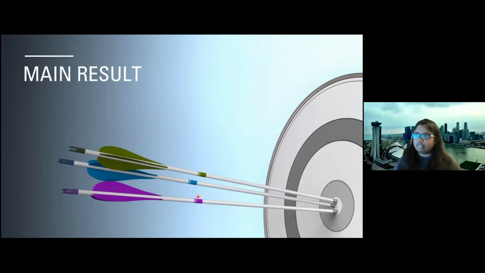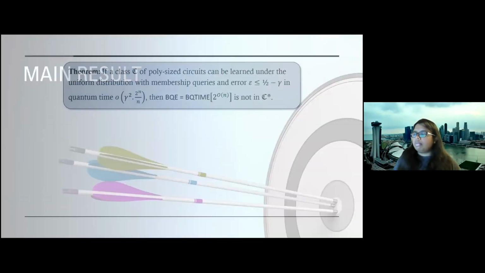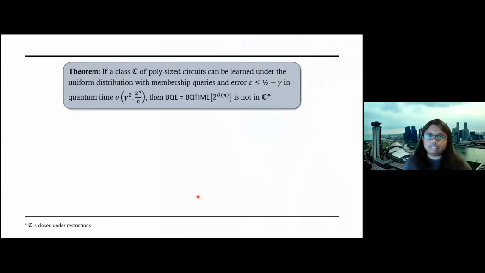Okay, if there are no more questions, I'll move on. So now that all the pieces are pretty much there, I can at least state the main result. The theorem states that if there is this class C of polynomial size circuits that can be learned under the uniform distribution and membership query, so this is precisely the model I described earlier, and let's say that it has an error that is at most half minus gamma, and let's say the time for this learning algorithm is gamma squared times 2 to the n over n.